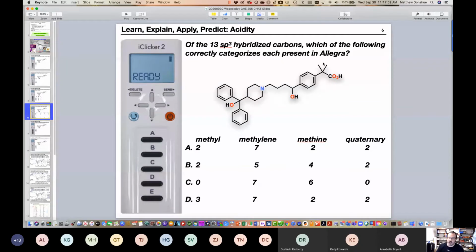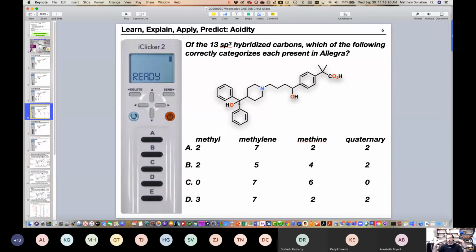So there's 1, 2, then all of the rest of the sp3 hybridized carbons, there are no more. So there's 2. Methylene is CH2. So we have 1, 2, 3, 4, 5, 6, 7. Methine is CH. That's this 1, 2. Quaternary, there's 1, 2.